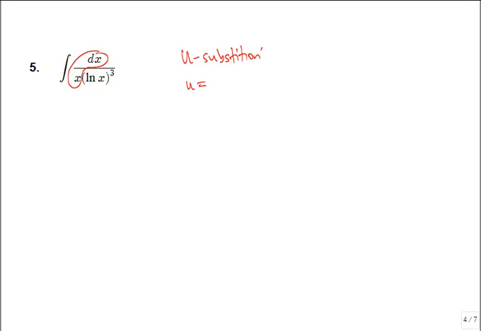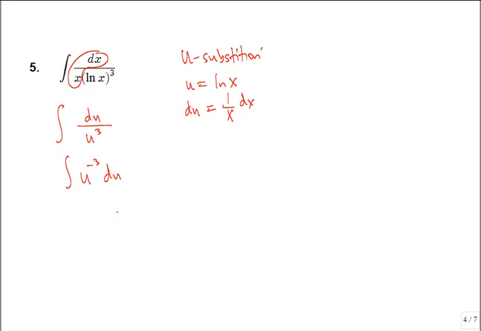where we are going to let our u be that ln of x function, but du then would be 1 over x dx, which is exactly what I have circled in red. So that stuff in red becomes our du, and the stuff in the denominator just becomes u cubed. And that is an integral I know how to do because that's just u to the negative 3.